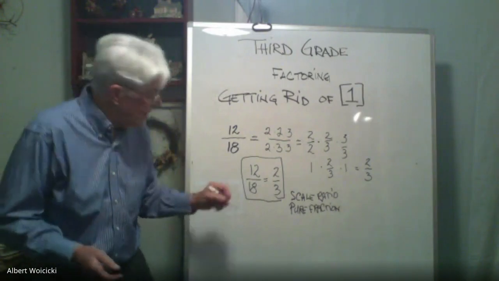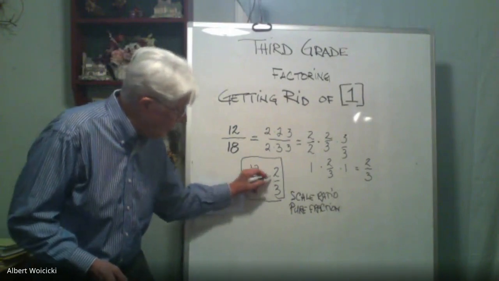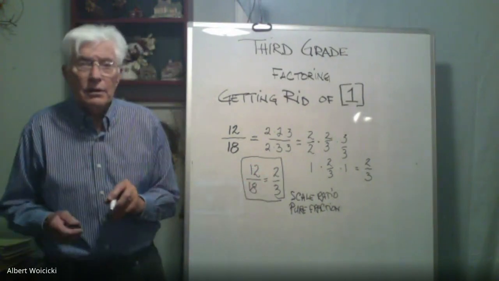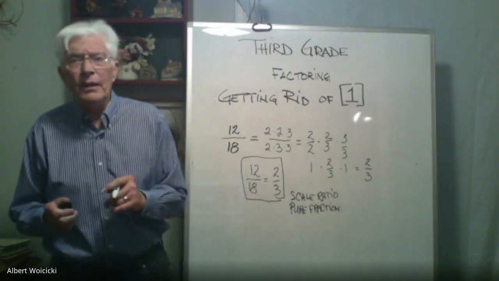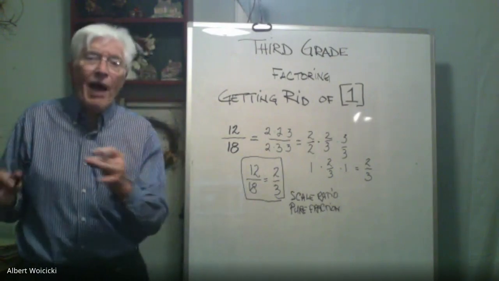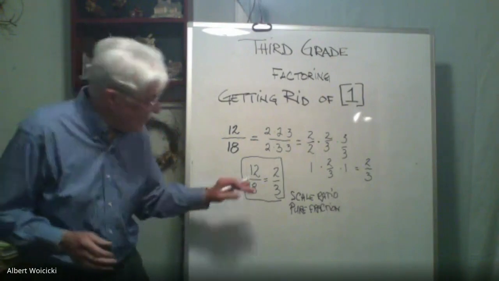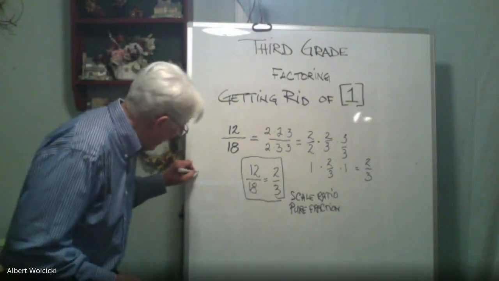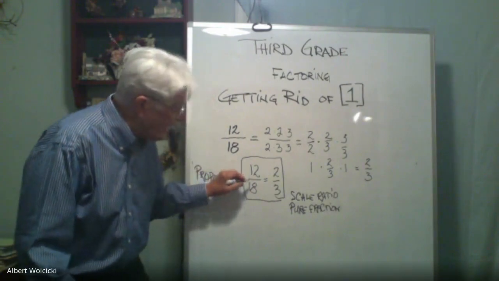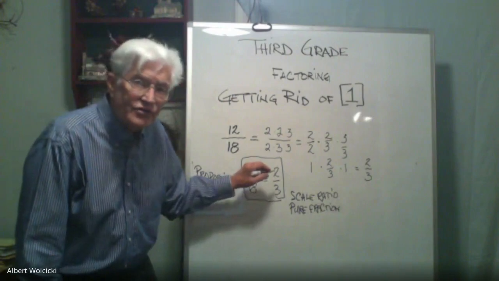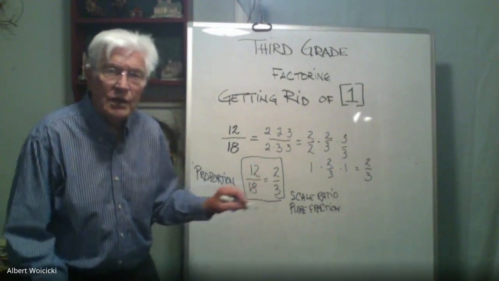They've said that 12/18 equals 2/3. We can't just leave it at that and say, okay, thank you, you got it right. No, this is powerful. This is a proportion. 12 is to 18 as 2 is to 3.